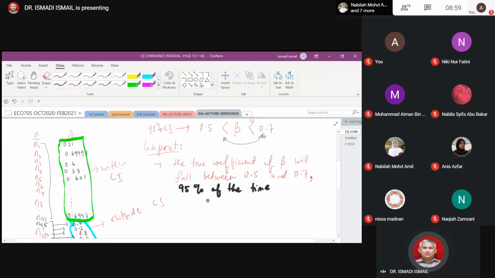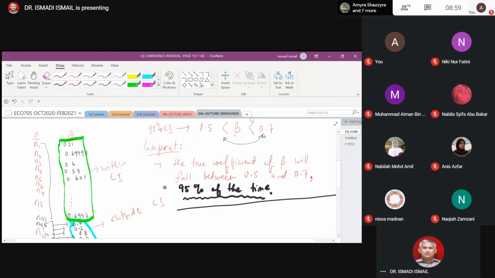This is a very important phrase. What is meant by 95% of the time? 95 cases out of 100 cases where the true coefficient will lie between 0.5 and 0.7. This is the meaning of 95% confidence interval.